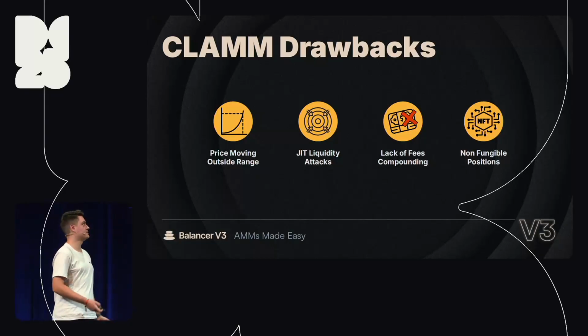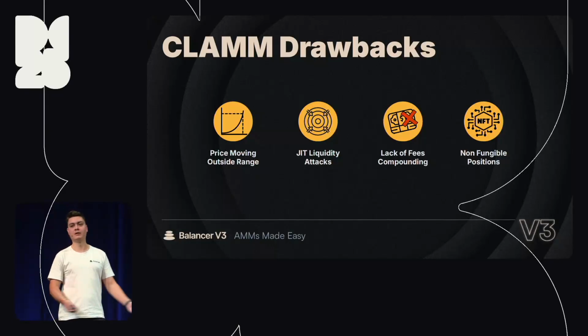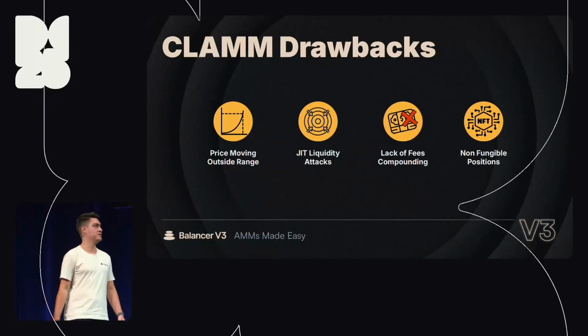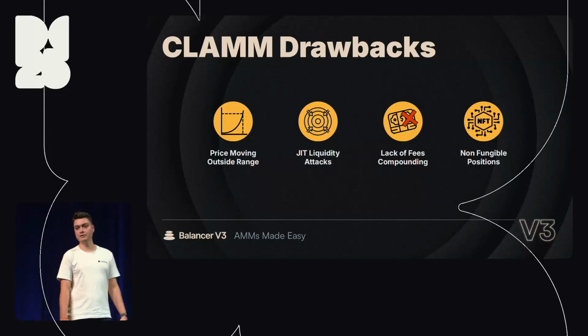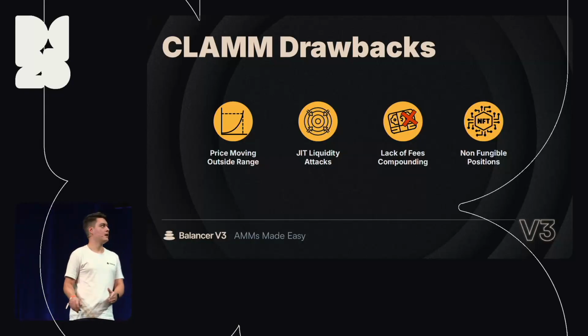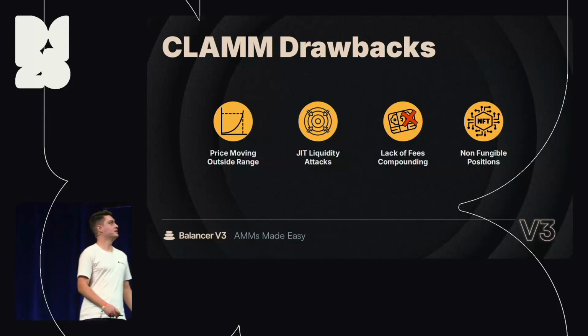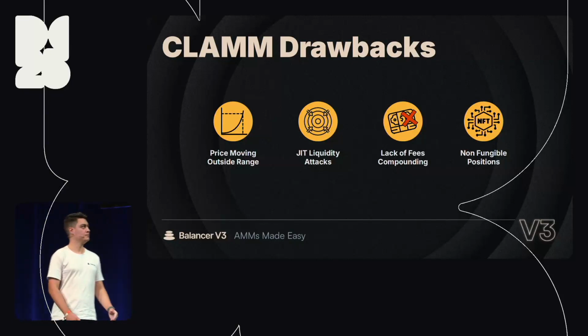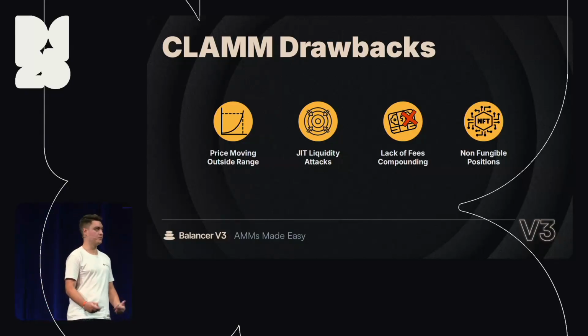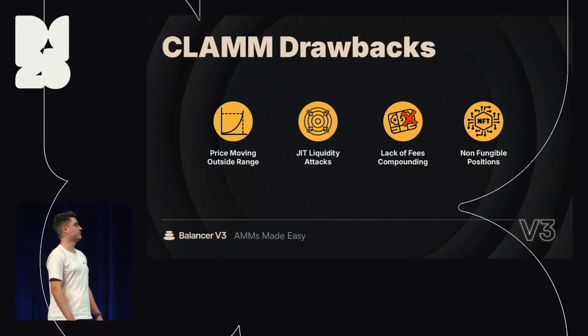And the liquidity providers who have been providing liquidity for a long time might not get those fees. So that's another drawback. You have the lack of fees compounding. So all the swap fees accumulated are consolidated somewhere else, and you have to claim and redeposit again. And last but not least, you have non-fungible positions, so it's hard to incentivize, it's hard to compose, to have composability and stuff like that.